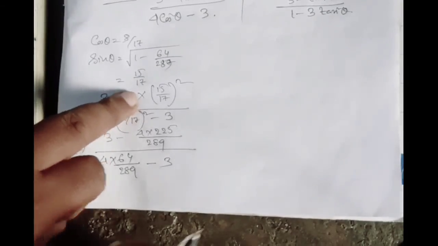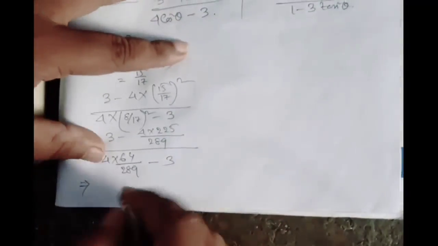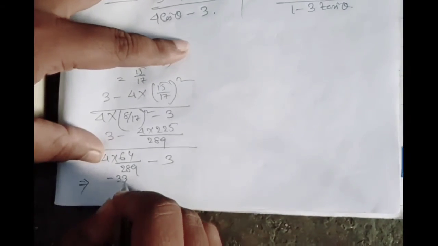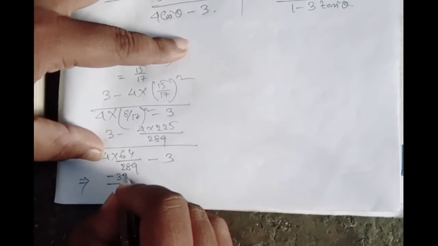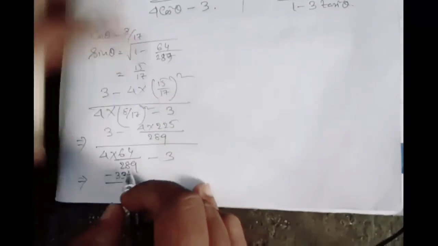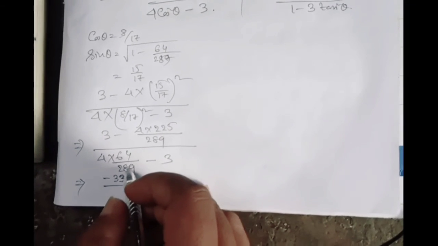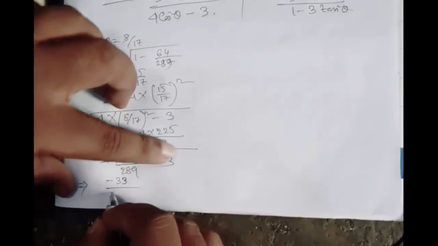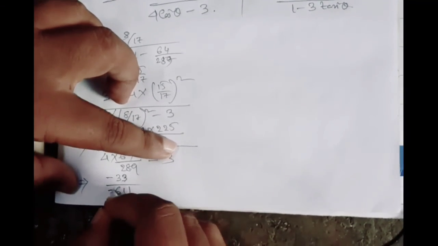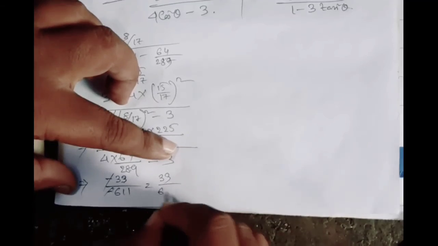Square means 289. So this is 15 by 17. That's equals to minus 33 by minus 611. One minute viewers. Minus 611. This can be cancelled. So this equals to 33 by 611.